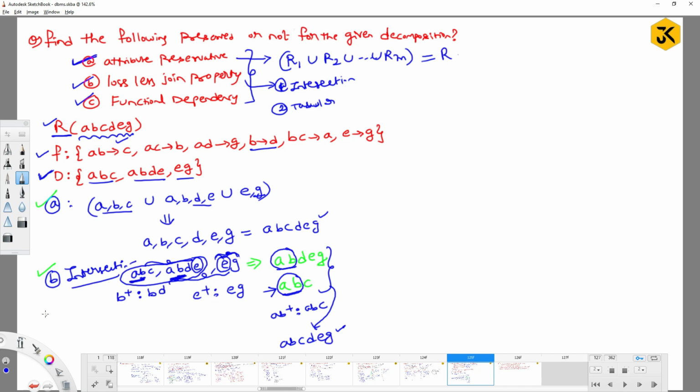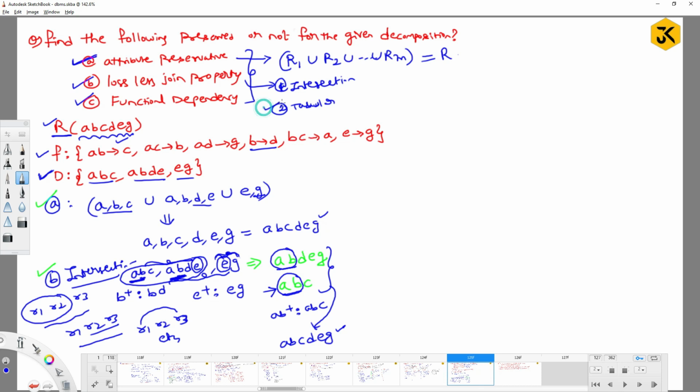If you have three relations R1, R2 and R3, you can combine R1 and R2 first and then combine the result with R3, or combine R2 and R3 and then combine the entire thing, or combine R1 and R3 first and then combine that with R2. So you have many possibilities, but at the end you must get the actual relation. Then you can call it a lossless decomposition, or I can say the lossless join property is preserved.